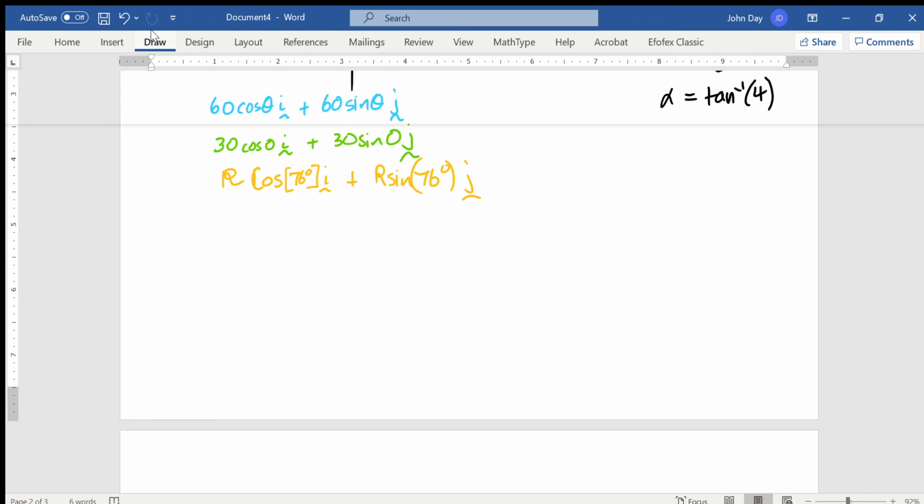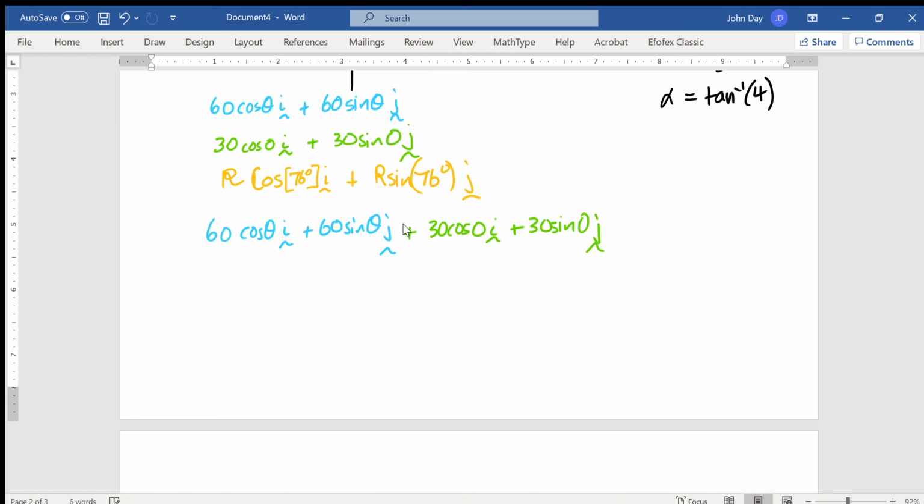What I'm saying is we've got our 60 cos theta i plus 60 sine theta j, and then we add on our green one, plus 30 cos 0 i plus 30 sine 0 j, and we say that that is equal to our yellow one, which is r cos 76 i and r sine 76 j.